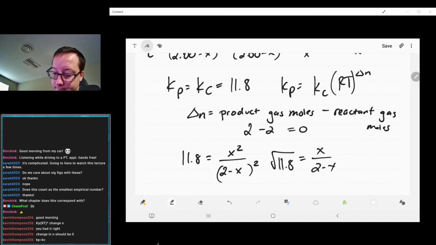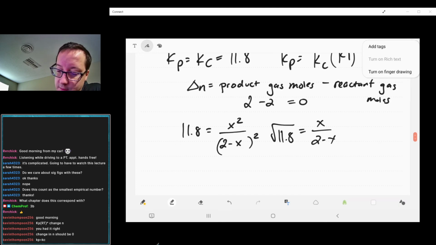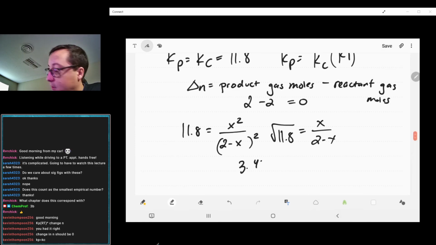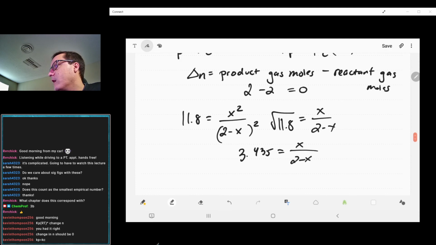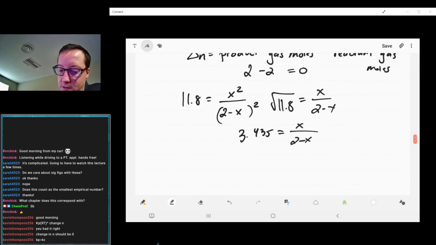Hooray. So whatever that number happens to be, let's do it. Square root of 11.8. All right, so 3.435 equals x over 2 minus x. Multiplying this guy by 2, so 6.87 minus 3.435x equals x.